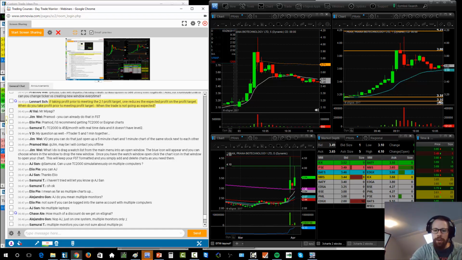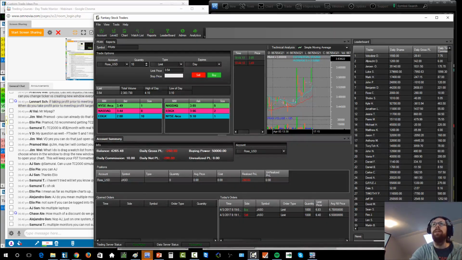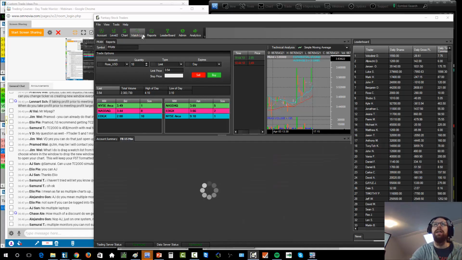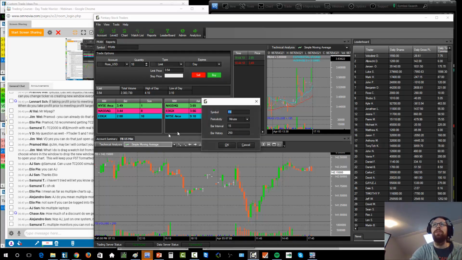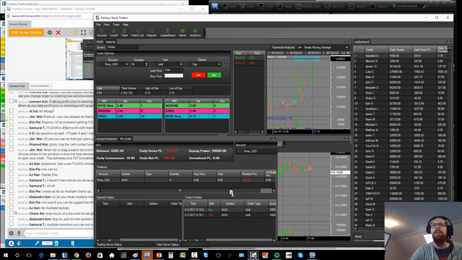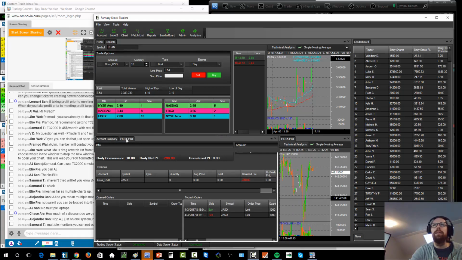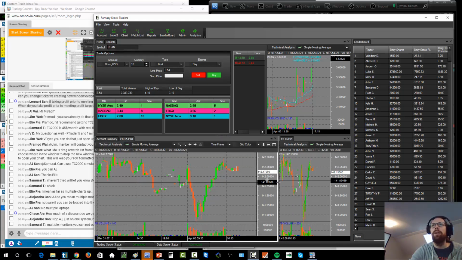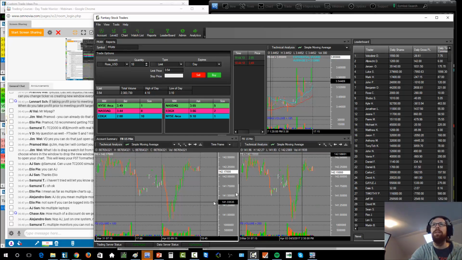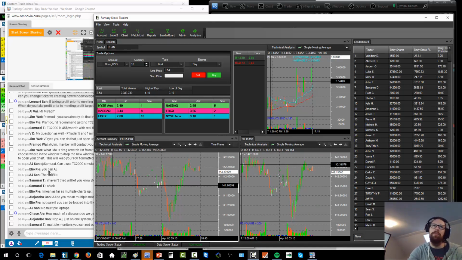I'll just show you here on the simulator. You can open up multiple charts and just put them side by side. Open up another chart here. And then I could just drag it and put it here. And then click here. So you can do that, but we're going to set it up so when you type the symbol in this one, it updates on all three that are linked together, because that'll be more efficient.